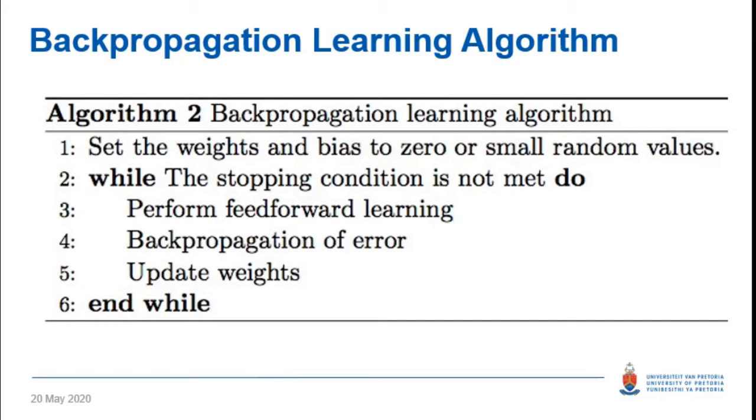Once that learning process happens and the neural network produces output, those activations are compared to the target values in the training set, and the error between the target values and those activations is then propagated back. Based on the error values propagated back, the weights and the biases are then updated.